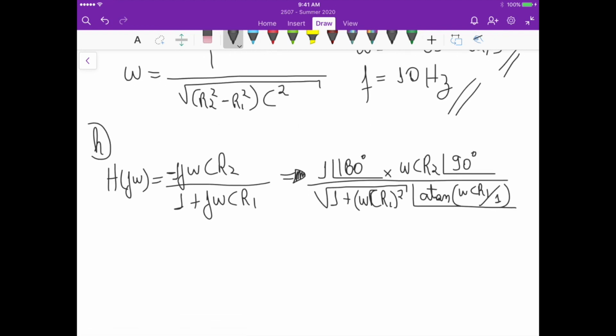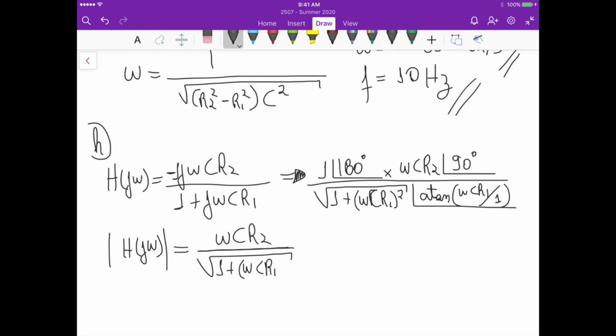Now if we extract the magnitude, we get the same equation that we had before. So this is the linear, okay, which is 1 times omega C R2, so it's omega C R2, divided by the square root of 1 squared plus omega C R1 squared. So this is the magnitude. And now for the phase, we just apply the same rule for phasors.